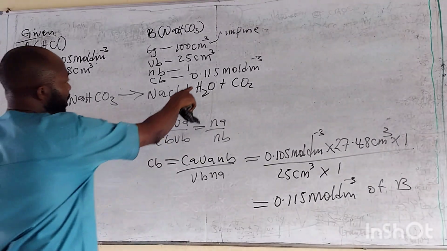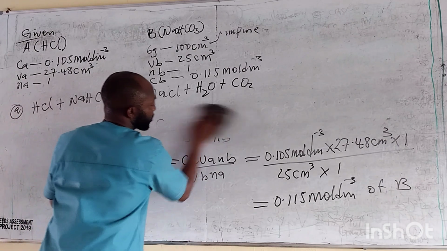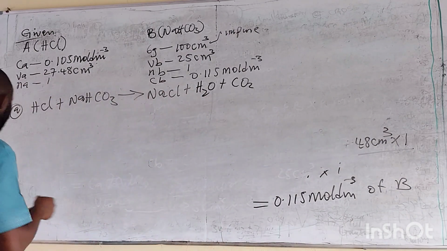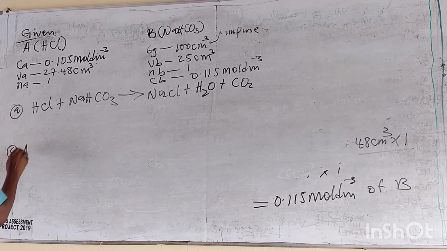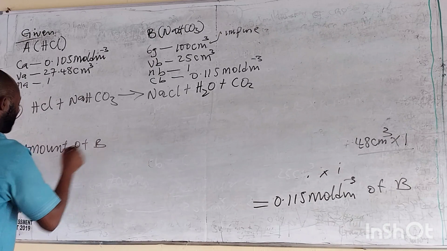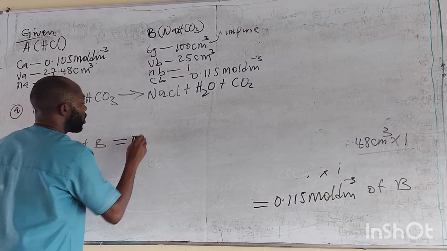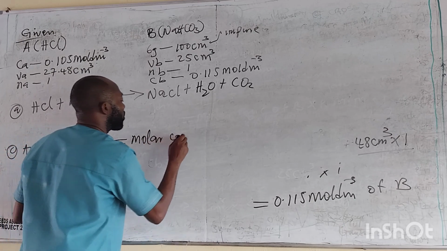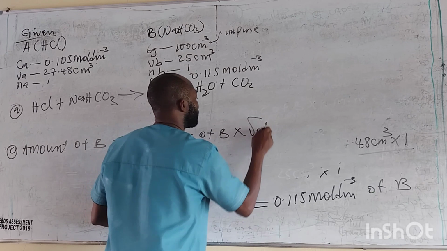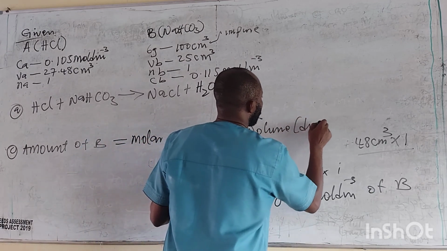That's why we calculated this before, so it will help us. So amount of B is equal to molar count of B times volume in dm³.